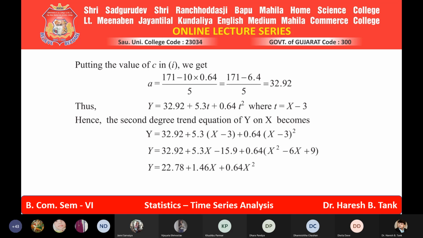Now simplify it, and the simplified version will be the final value. So ultimately the equation is 22.78 plus 1.46 times x plus 0.64 x squared.